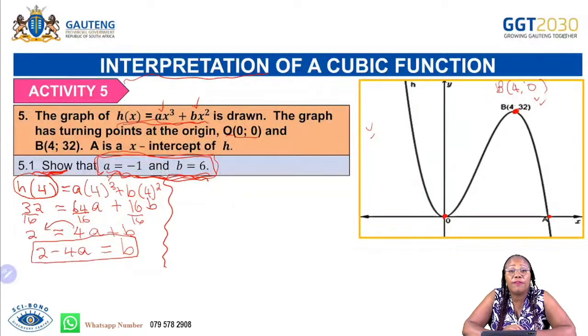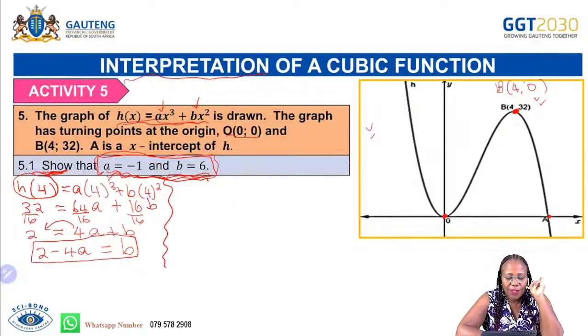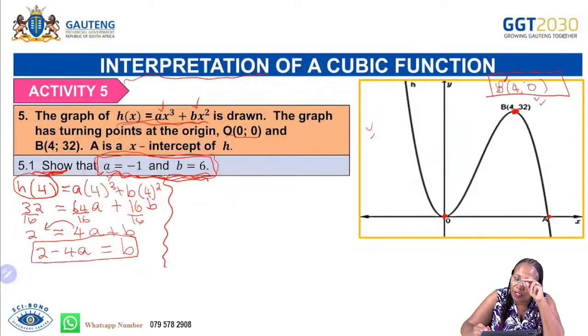Happy? We now have at least one equation. We need the second one. For the second one, we are going to treat this point as stationary. That means this works only if it's a derivative, okay? So now we are going to derive our function. Remember, to find the stationary point, you derive. So the derivative of h at x is equal to 3 times a, that is 3a.